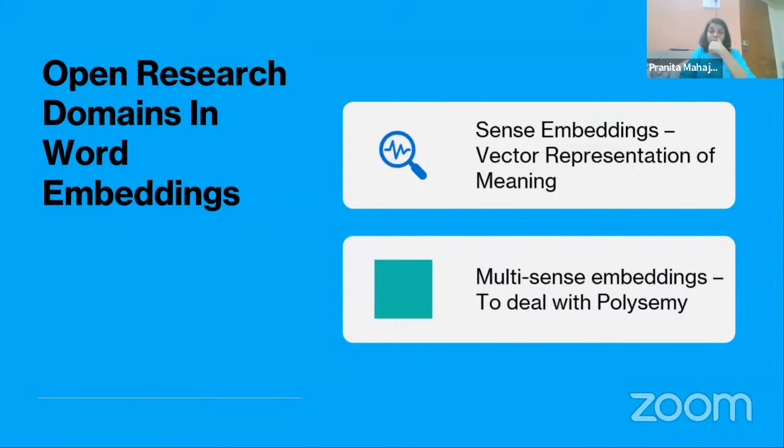We have seen that all three models which we studied were not well versed with polysemy. So the open research domains for word embeddings are still there: we can have sense embedding models, and multi-sense embeddings as well, where one word can have many senses.